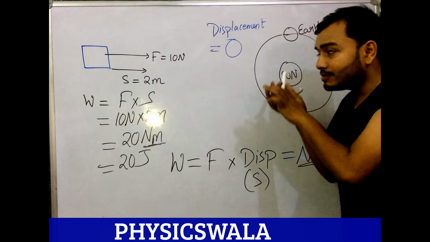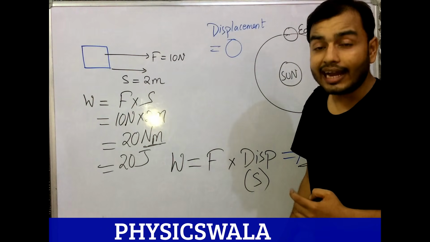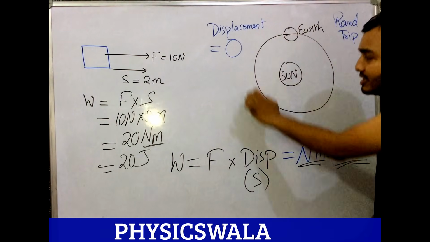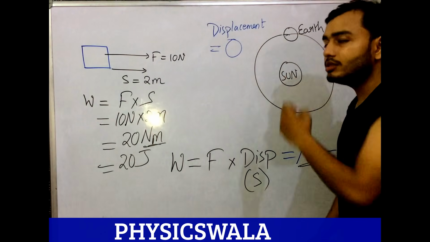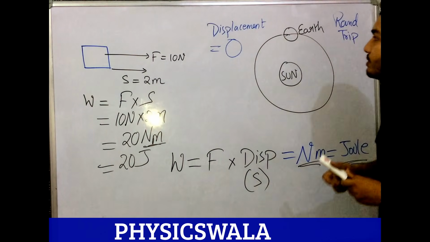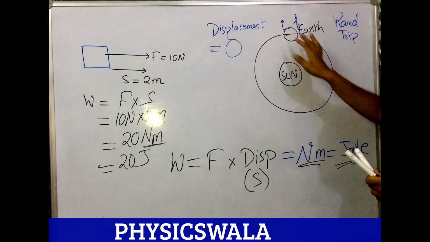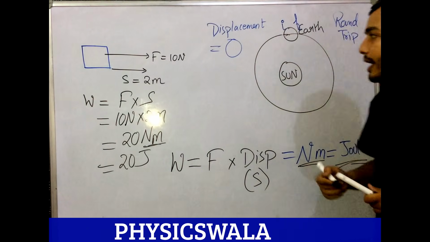How? Displacement is the shortest distance between initial and final position. So when someone or earth returns back to its initial position, then what is the displacement? 0. There is no distance between them. So it is 0.